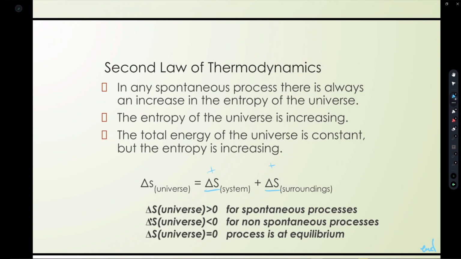This rule can also be read as: if delta S of the universe is negative, then the reaction is non-spontaneous, and if delta S of the universe is positive, then the reaction will be spontaneous.